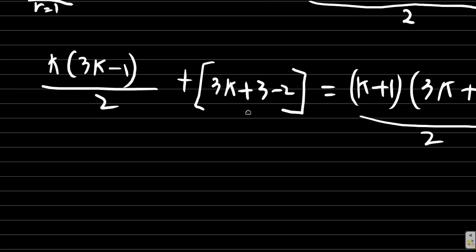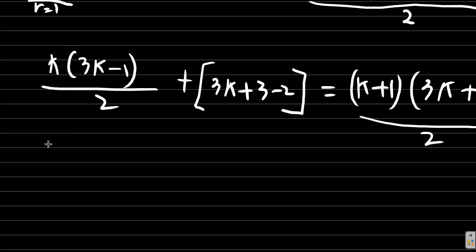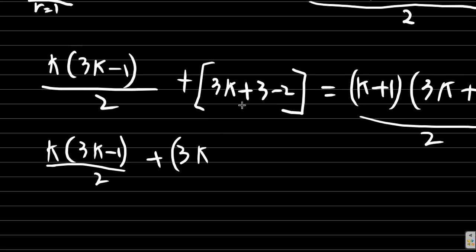Now, on the left hand side, here we have k, 3k minus 1 over 2 plus, let me write round brackets now, 3k, 3 minus 2 is 1. So it's 3k plus 1. Alright.